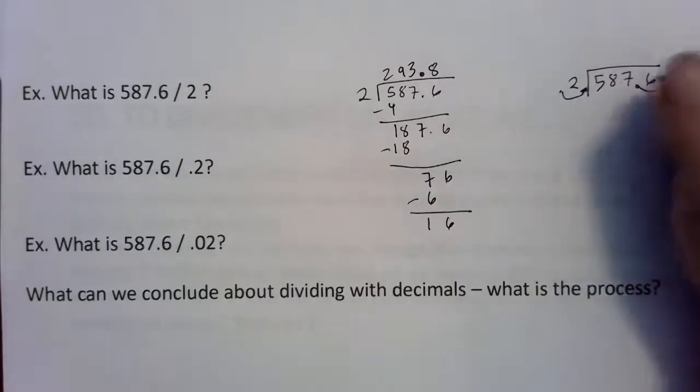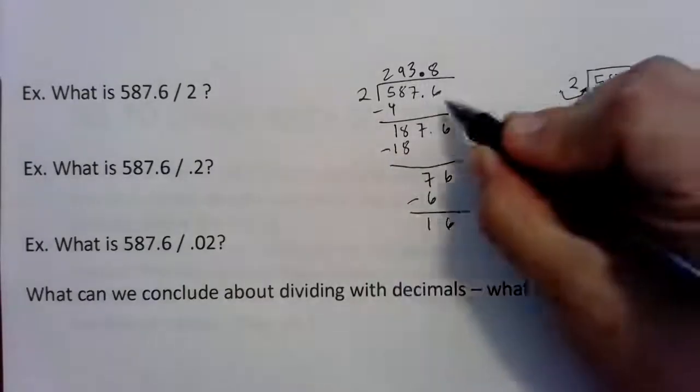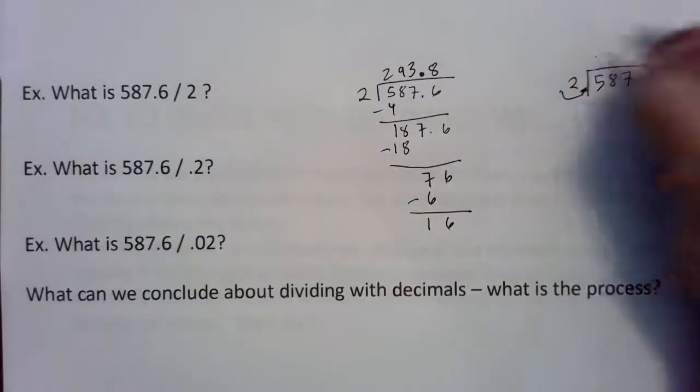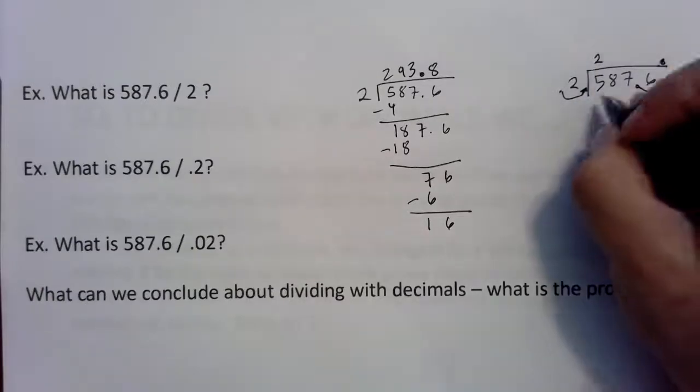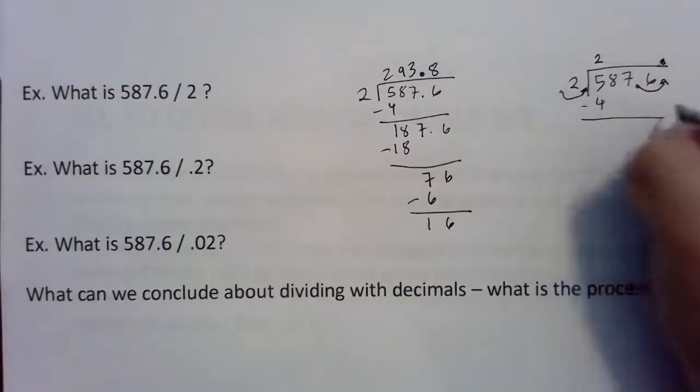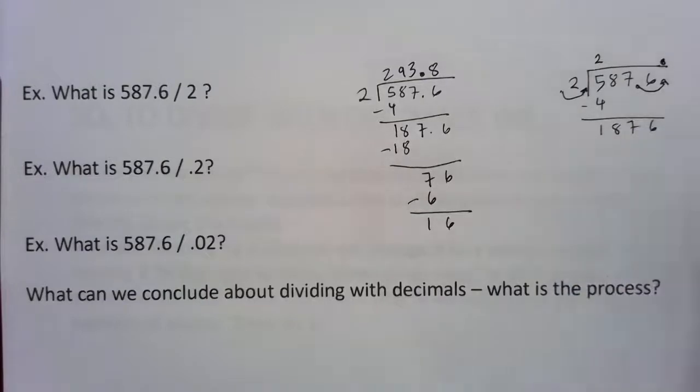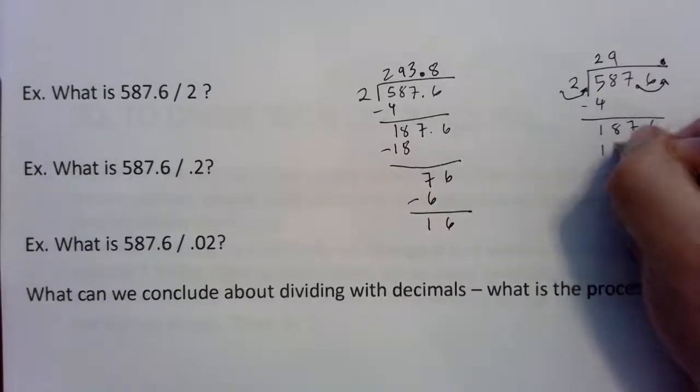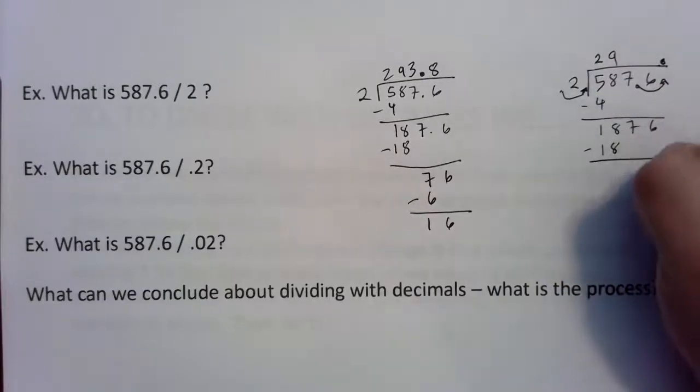Now the decimal point would be here, as opposed to here. The numbers would end up being the same. It would still be the same calculation, except that the only difference is where the decimal place is.